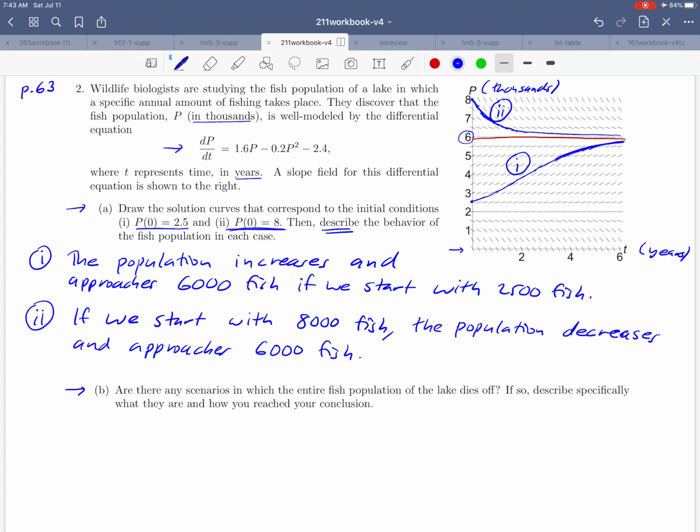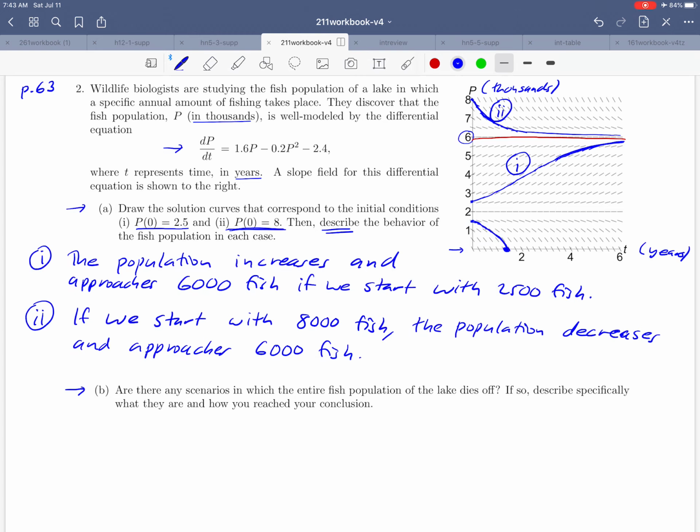One example would be if you start with 1.5 thousand fish, because if you draw the curve there, its slope is negative and it's getting more and more negative, and so you're going to smack into a population of 0 right there.